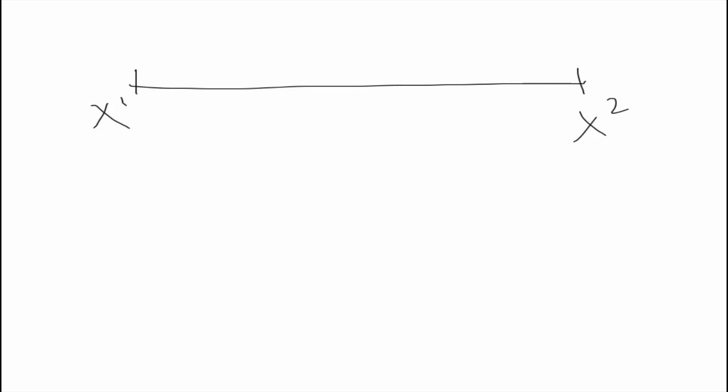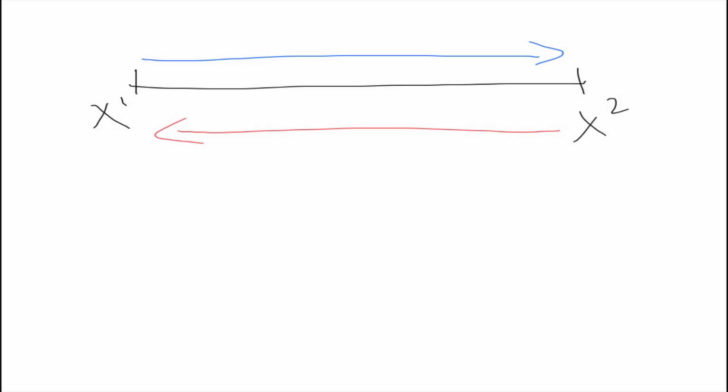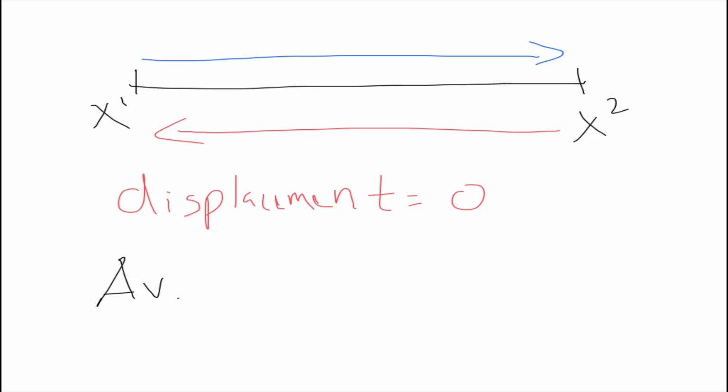If you go from x1 to x2, and from x2 back to x1, the object moved, of course, but that displacement is still going to be zero. And if the displacement is equal to zero, 0 over the time that took that, let's say 10 seconds, is still going to be 0, which means that the average velocity is none, so it's equal to 0.